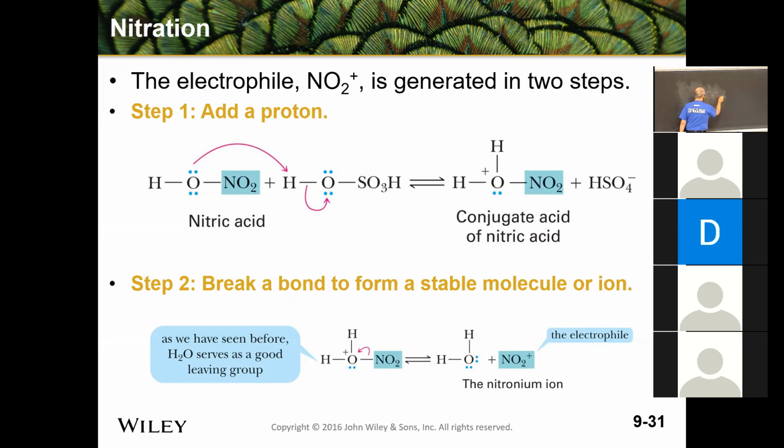So benzene will attack. So we have this intermediate where one carbon has two substituents, hydrogen and the incoming electrophile. The adjacent carbon carries a plus charge.